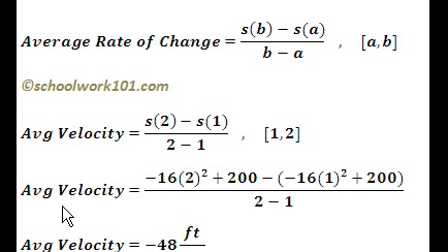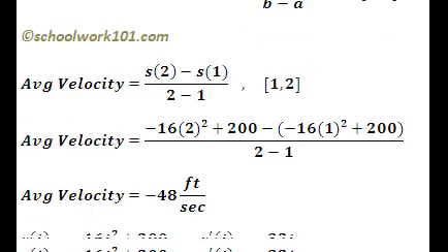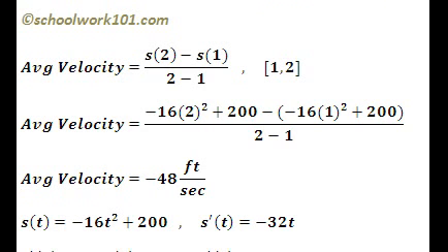Just to refresh your memory, I know it was a long time ago, but we ended up with a negative 48. Let me scroll down the screen here a little bit. All right, and as you can see, the average velocity is negative 48 feet per second, and that happened to be the same number as if we summed up all the instantaneous velocities at increments of 0.1 from 1 to 2. All right.